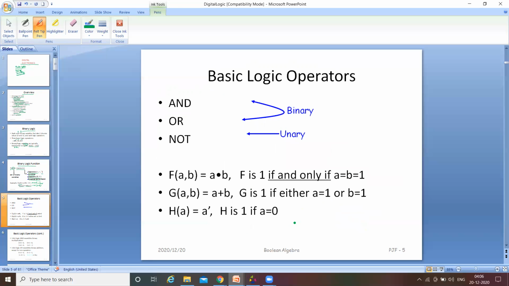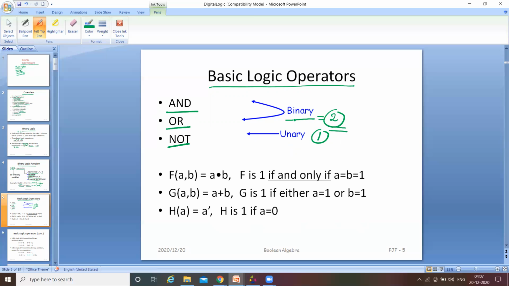And next are the basic logic operations, logical operators. There are three different operators: the AND operator, OR operator, and NOT operator. They are very important. Binary means it requires two variables. Here, unary means one variable, so NOT operates on one variable, whereas AND and OR operate on two variables.